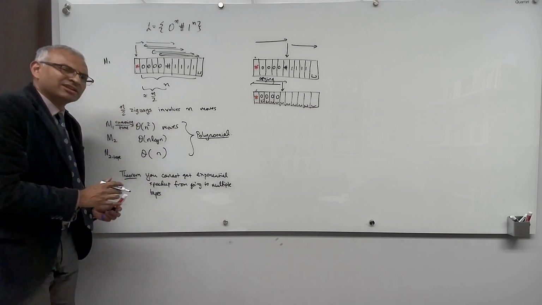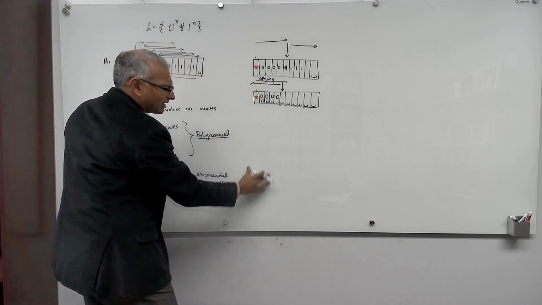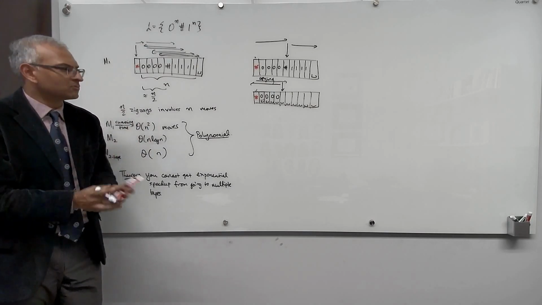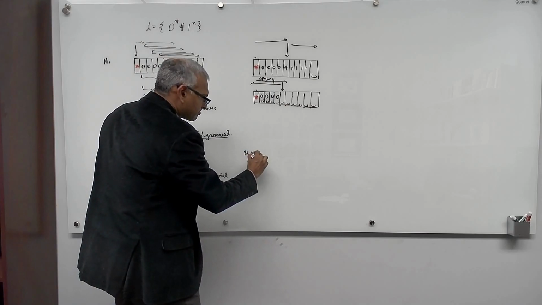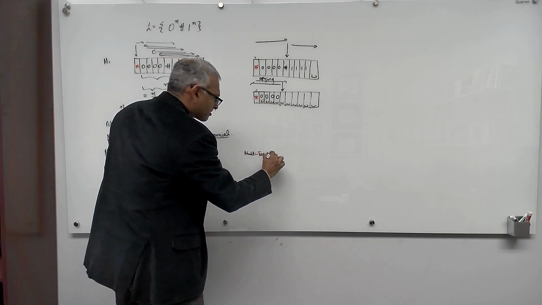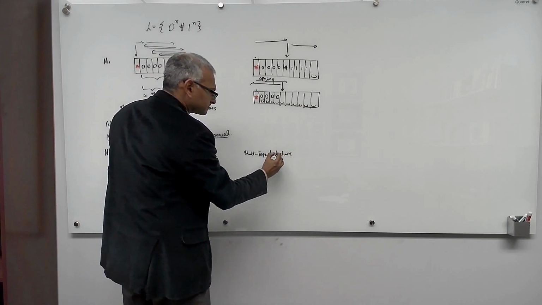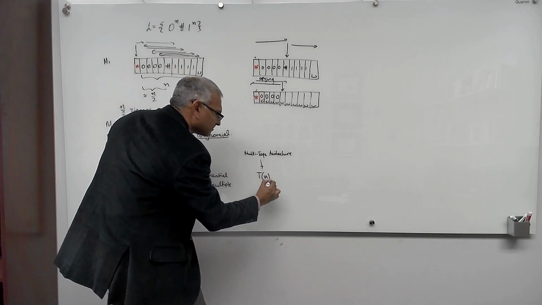In fact, the theorem is a little bit more elaborate. So the theorem says the following. Let's say you have a multiple tape architecture with some fixed number of tapes. Let's say k, for example, 2. Okay. And in your multi-tape architecture, let's say the running time is t of n.